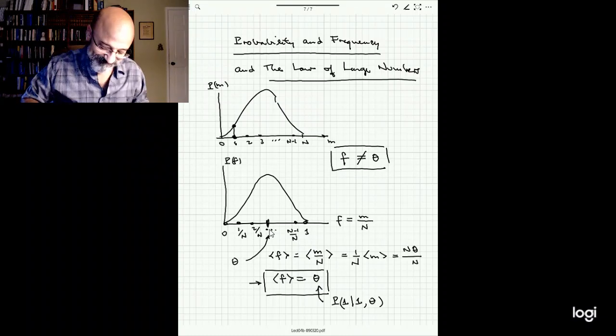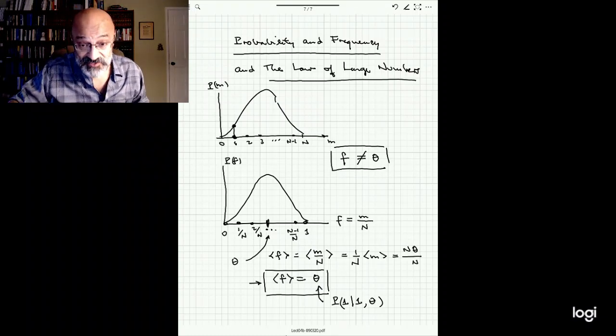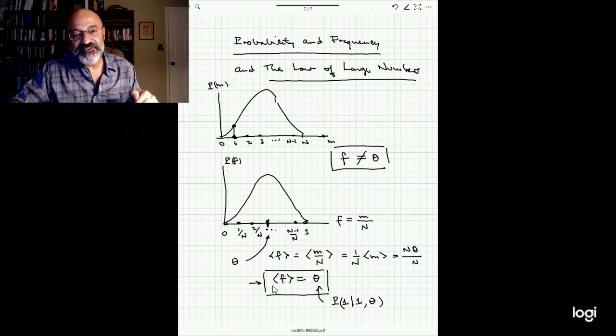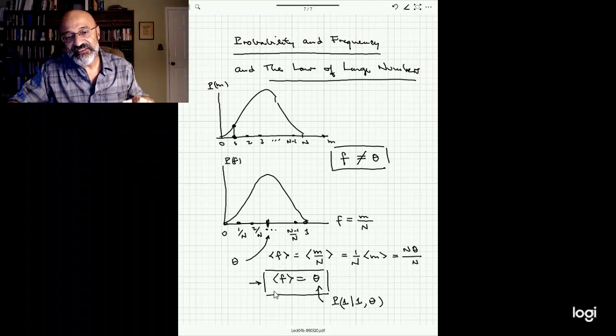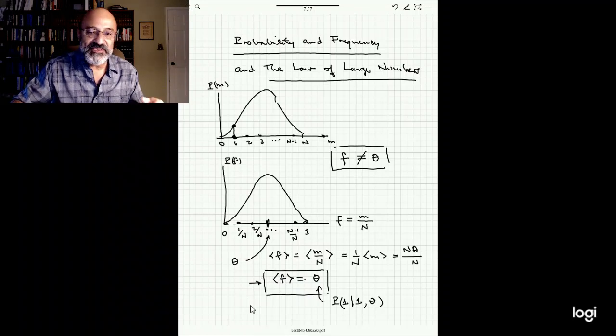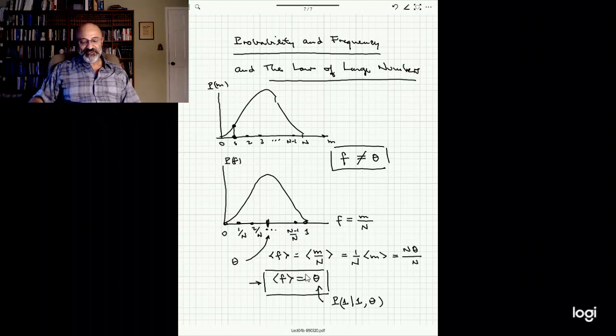Well, not quite. It is true that this equation here is correct, but we cannot define probability as being an expected value. The reason is that the expected value itself uses the concept of probability. And so defining probabilities in terms of expected values that themselves employ probabilities ends up being circular. So that doesn't work.